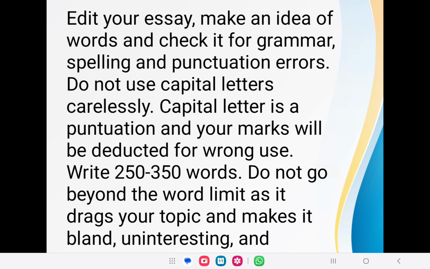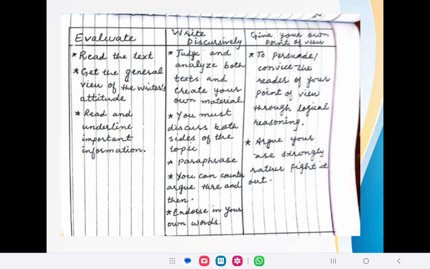If instead of writing 250 to 350 words you write 450 words for a directed writing task, that means you are just repeating the points again and again, and that will make your writing look monotonous and uninteresting. So you have to just stick to the word limit. Do not go beyond the word limit, because that won't help you with good grades.